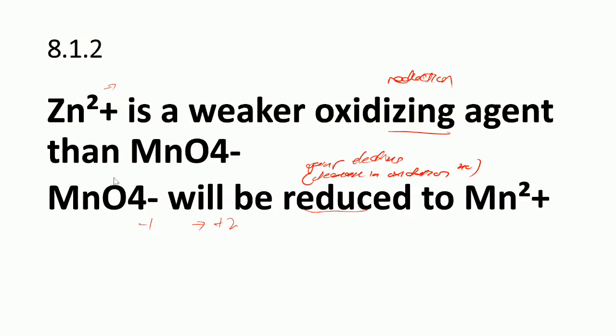Now, you have to be very smart in answering this question. This is not about the whole permanganate ion. It is really about the manganese. So we are really looking at the oxidation number of manganese in the whole permanganate ion.